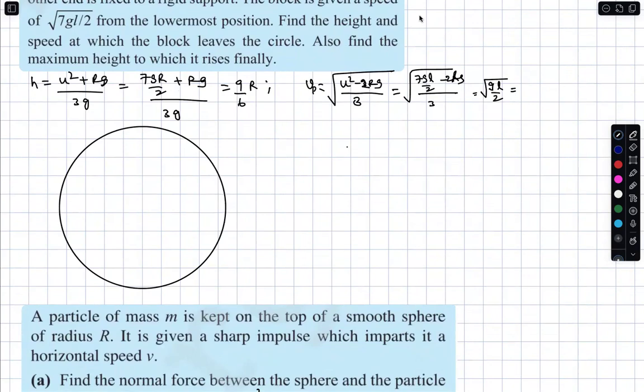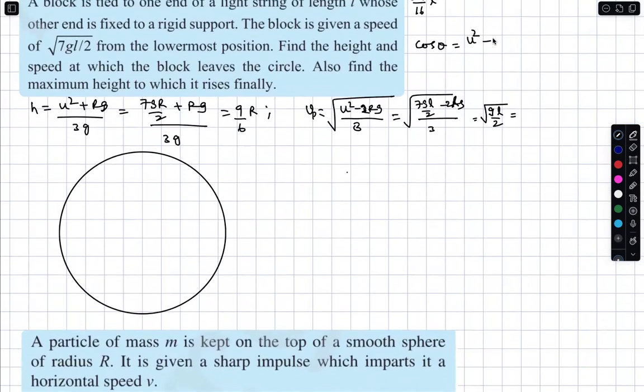I require the cos theta formula also. Cos theta is (u² minus 2rg)/3rg. With u² as 7gL/2 minus 2Lg over 3Lg, L and g cancel and we get 1/2. So theta is 60 degrees.